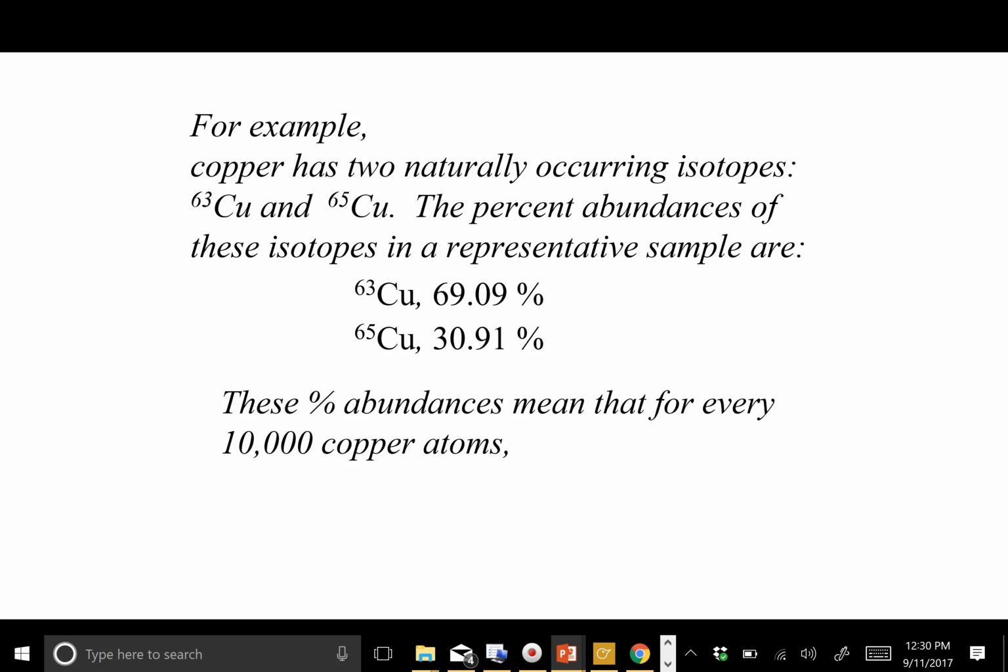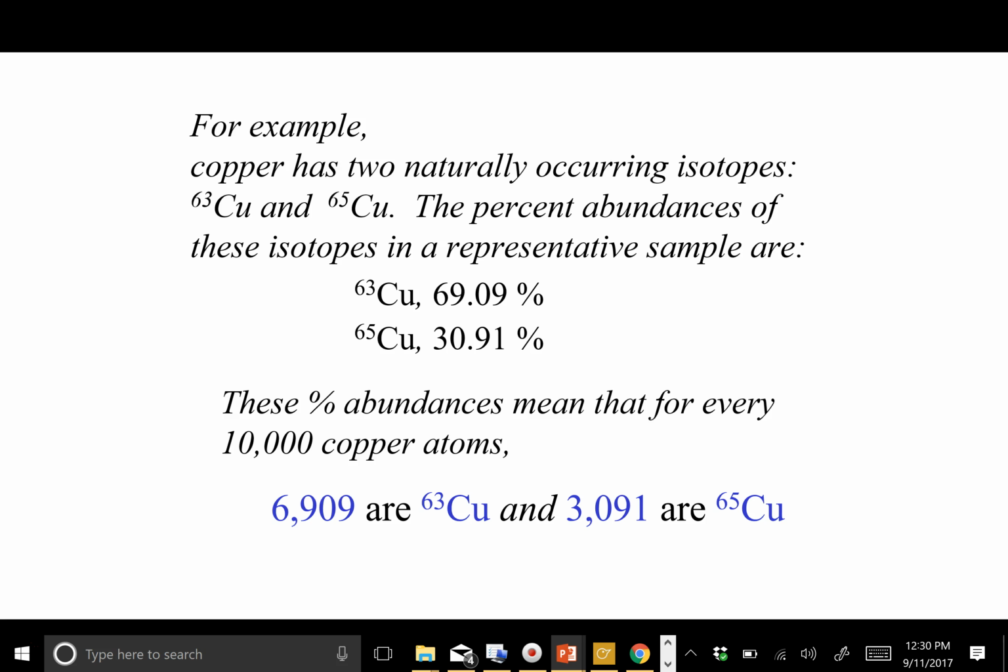So which one is heavier, copper 63 or copper 65? 65 is heavier. Which one's more abundant? 63 is more abundant. It's about 70% copper 63 and about 30% is the heavier one. If you had 100 atoms, about 69 of them would be copper 63, about 31 of them would be copper 65.